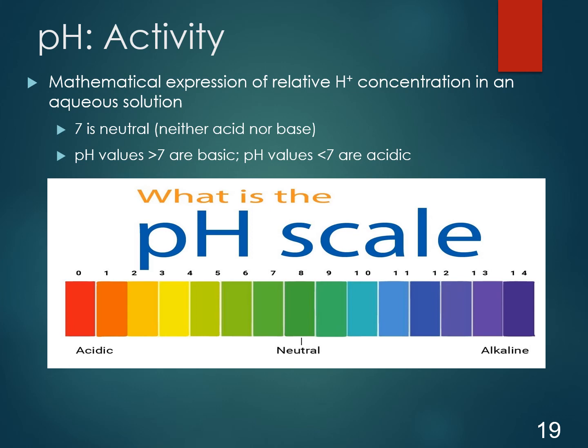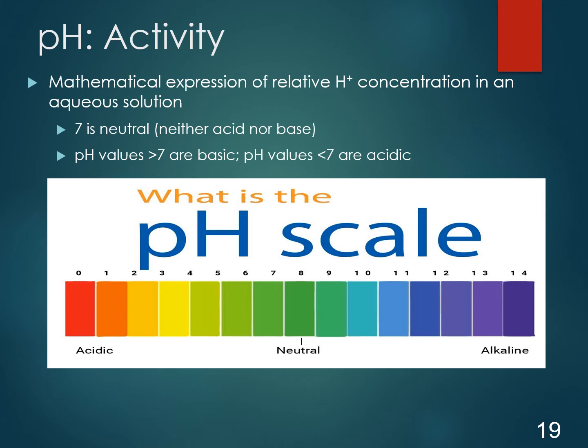As we move up or down the scale, we're increasing or decreasing levels of hydrogen ion concentration by factors of 10. So if we look at a pH of 6 and we're moving to a pH of 5, we're increasing the level of hydrogen ions by 10.